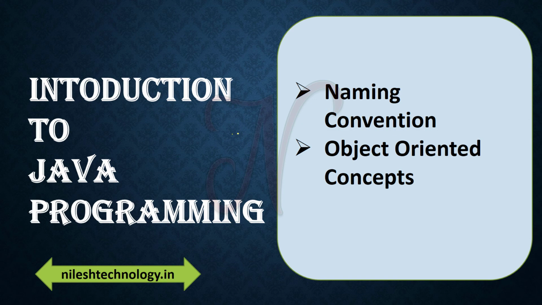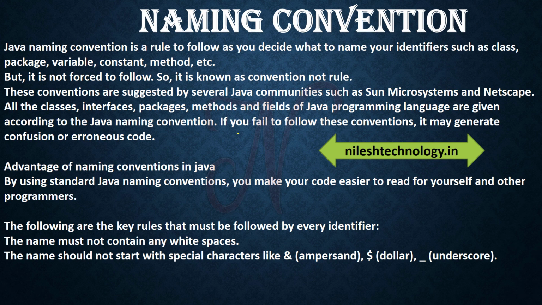In this video, we have to discuss two concepts: naming convention in Java and the object-oriented concepts in Java. First we see what the naming convention is. In Java, there are many built-in classes, interfaces, packages, variables, constants, and methods. Their names follow some unique rules, defined by the Java community such as Sun Microsystems and Netscape.